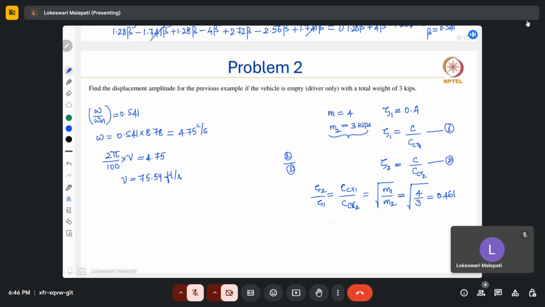Similarly, please find the updated value of natural frequency omega n prime, the square root of k by m2. K is 800 pounds per inch.